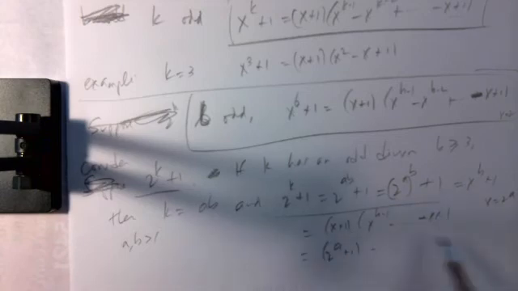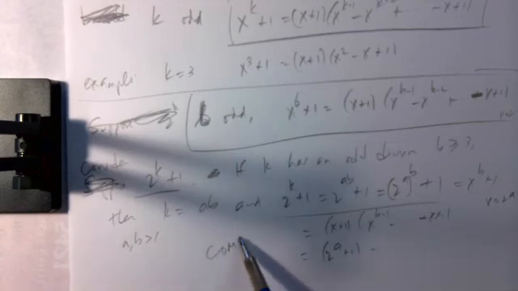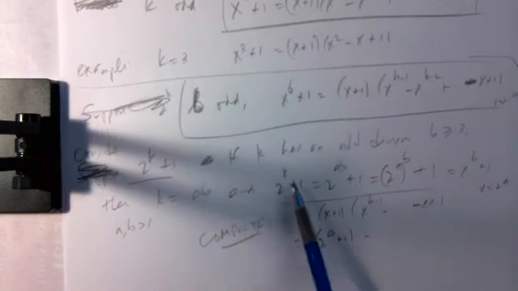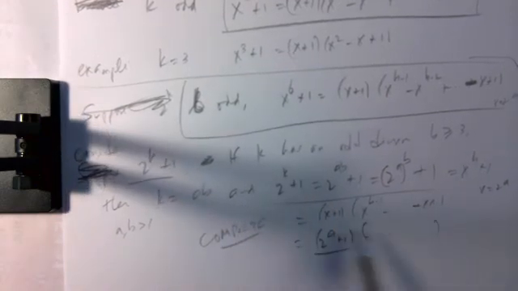In any case, this is composite. If k has an odd factor b, 2 to the k plus 1 factors into a product of two numbers bigger than 1.